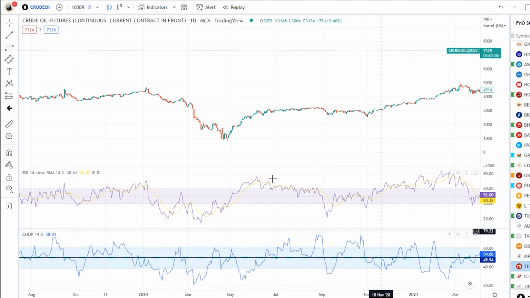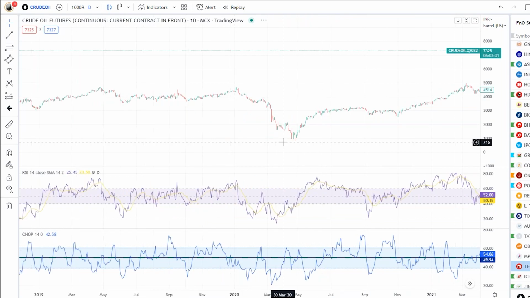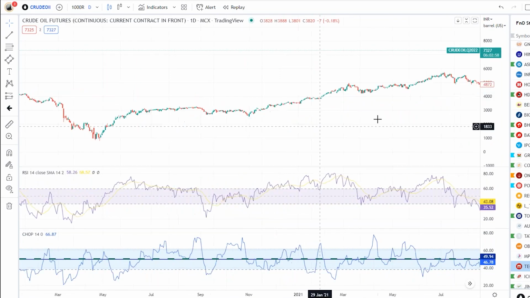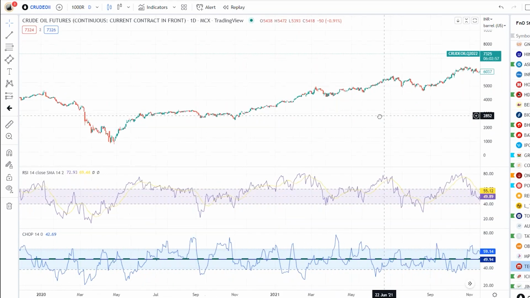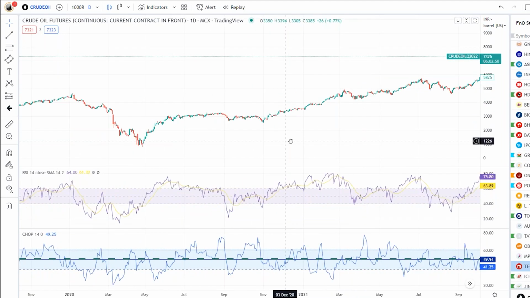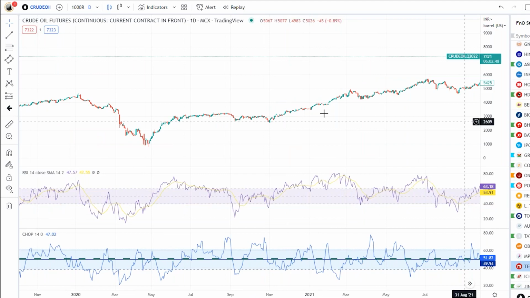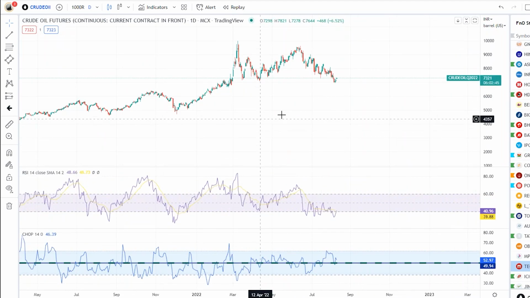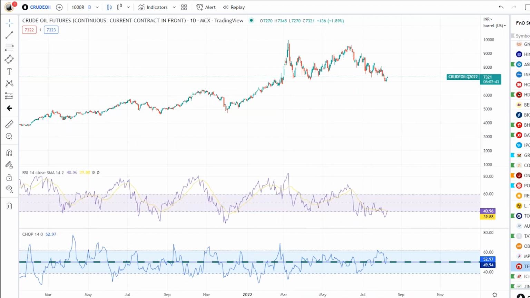Now what's the rule that you need to follow? First of all, we need to find out whether a stock or index is heading towards a trending market or not. So the first idea will be to find whether a stock... I'm not going to go far away, because otherwise I will not be able to backtest it, because there is a limitation that comes from TradingView. So let's say somewhere here I'm going to take a possibility.